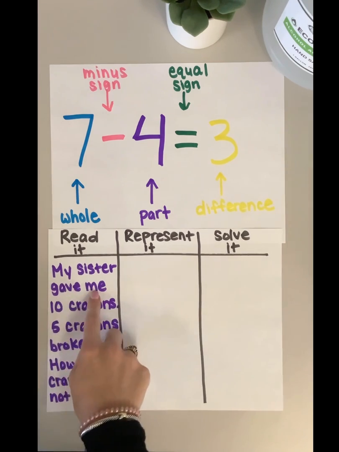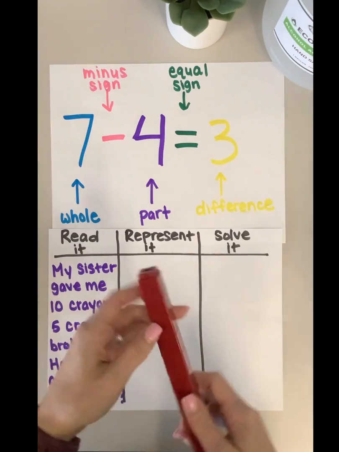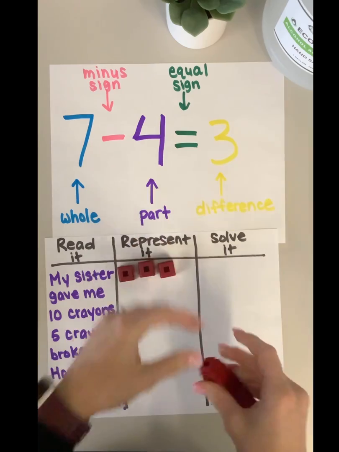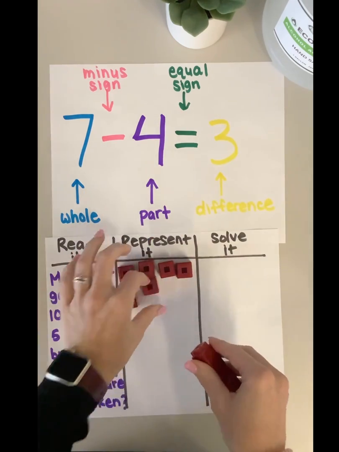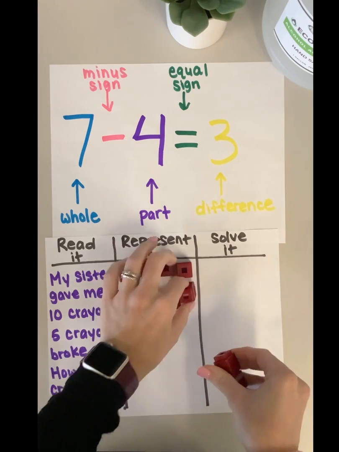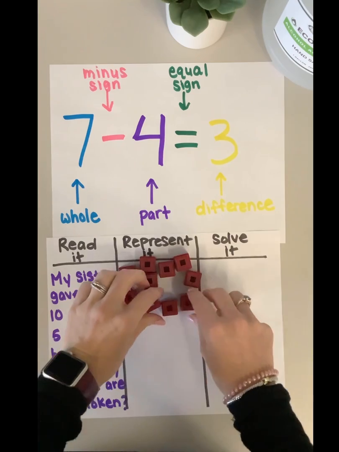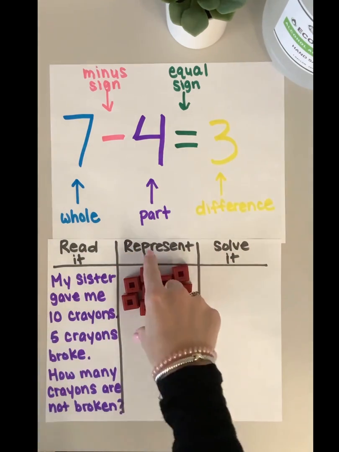My sister gave me 10 crayons. That's my whole, so I need 10 of these. 1, 2, 3, 4, 5, 6, 7, 8, 9, 10. Okay, here are my 10 crayons. I'm representing my 10 with my math tools.